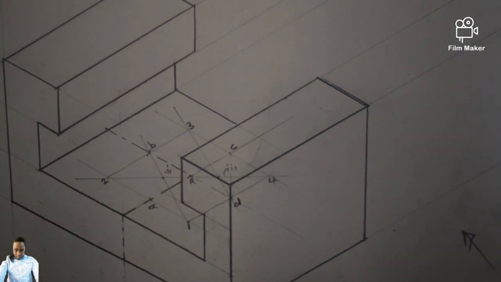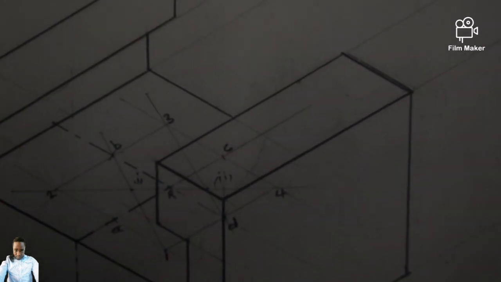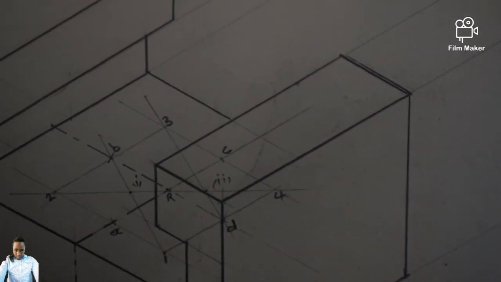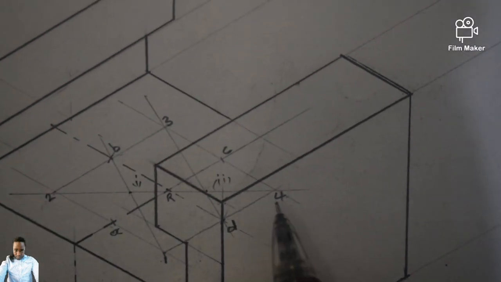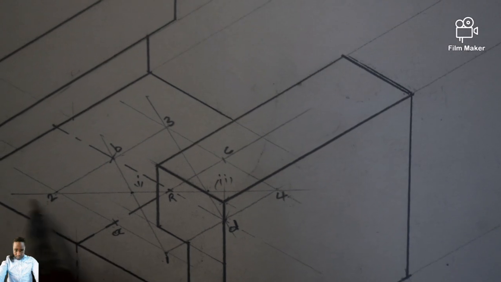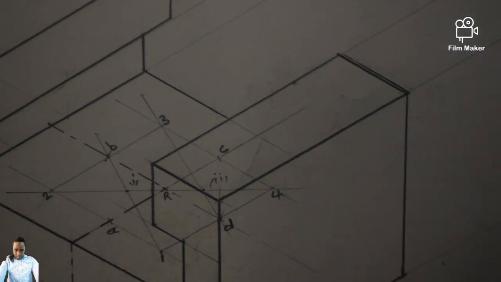Let me just zoom it. For instance, like this one of mine, I can see that there is a point that I missed. Can you see? Especially when I'm joining point 4 and point 2, do you see that it was supposed to be exactly at this point? Especially 2, it was supposed to be exactly this point.